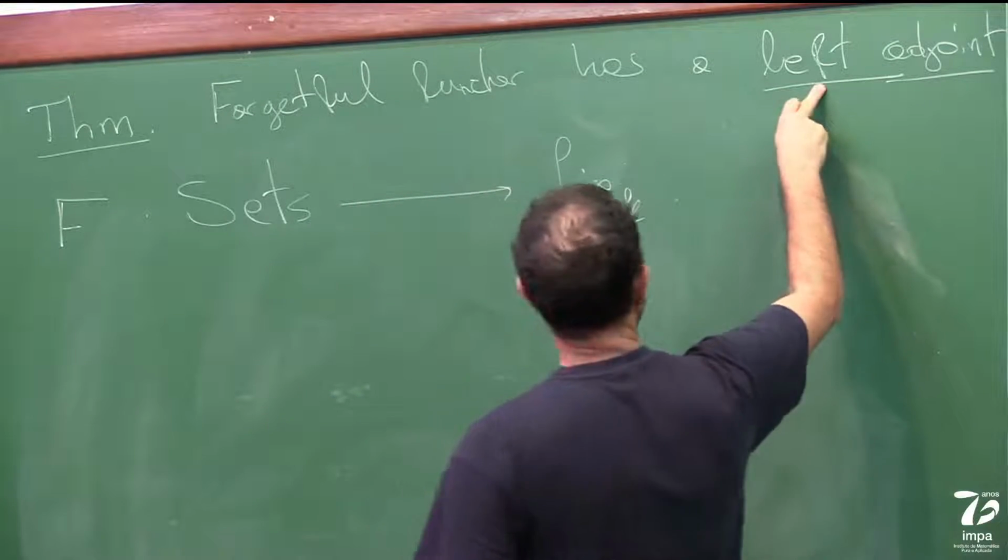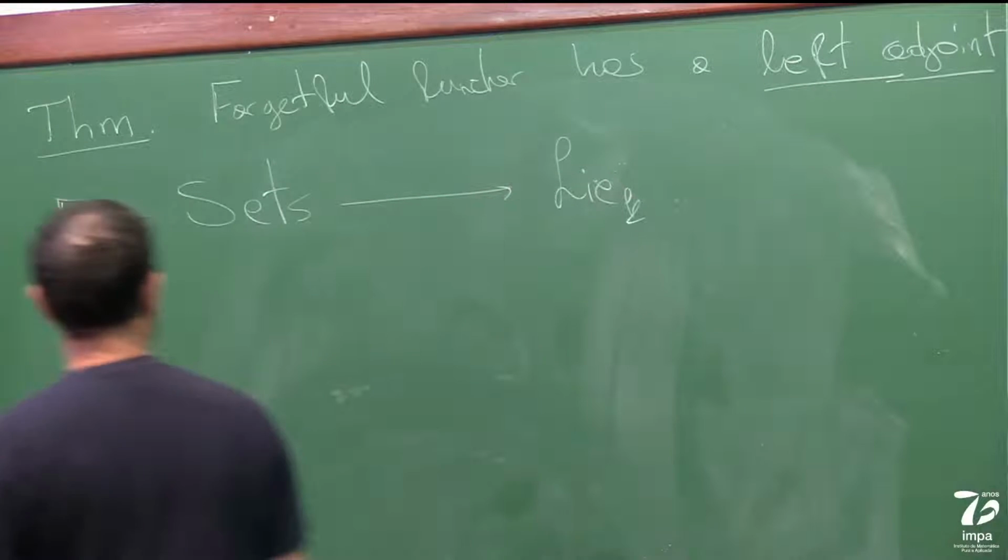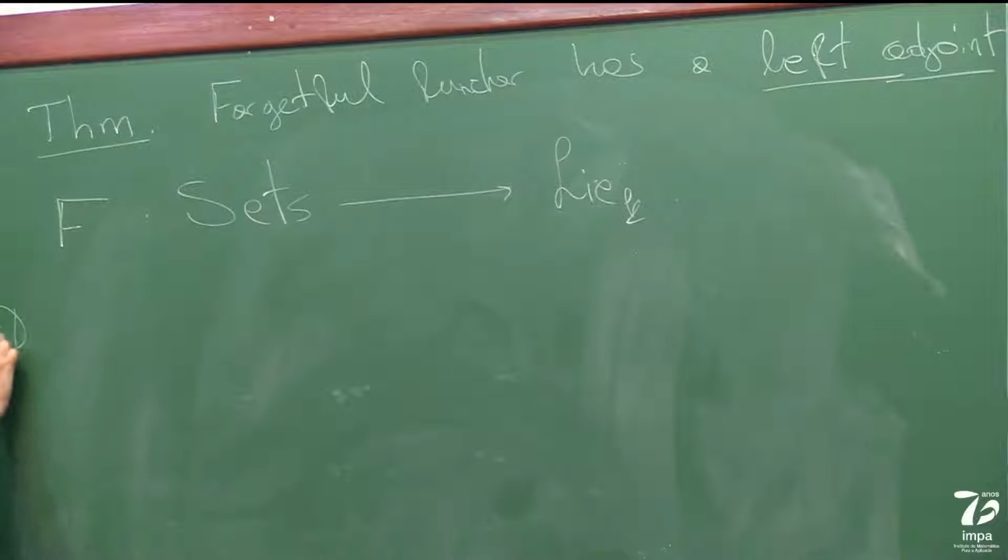So what is this left adjoint? In this particular case, I'm only going to use this F and the forgetful functor.